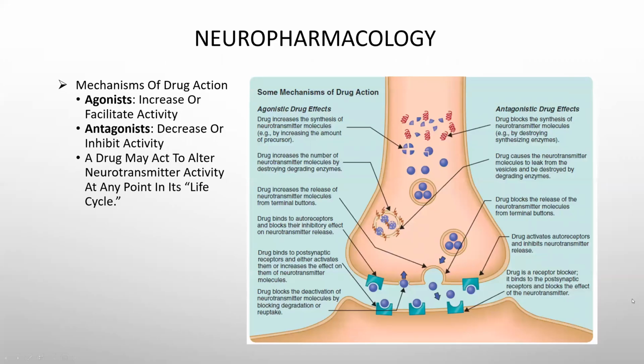Okay, now, since we know a little bit more about neurotransmitters now, let's talk about neuropharmacology. The idea here is that psychopharmacologists, okay, are going to be scientists that are developing drugs that can pass the blood-brain barrier, enter into the brain, and then interact with these neurons, okay, either to create an agonistic effect to increase an activity, cause more of something, or an antagonistic effect, which decreases or inhibits activity.